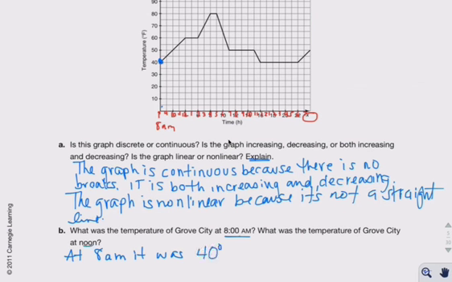At noon would be right here. It's 60 degrees. And at noon, it was 60 degrees. Now, okay? Any question?